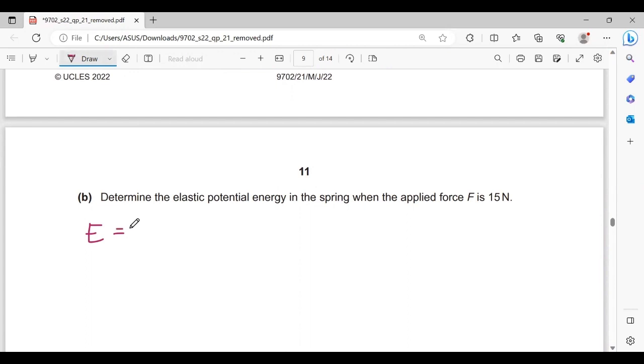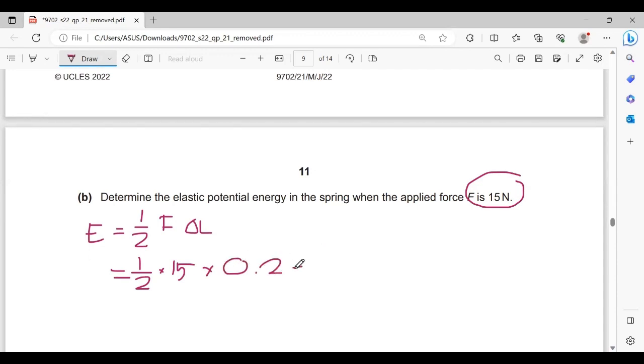Elastic potential energy equals a half times F times delta L. A half times 15 newtons, times 0.2 meters, because you can see on the graph, the previous graph.